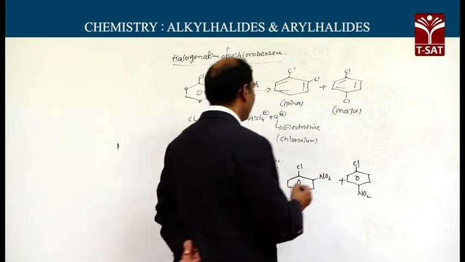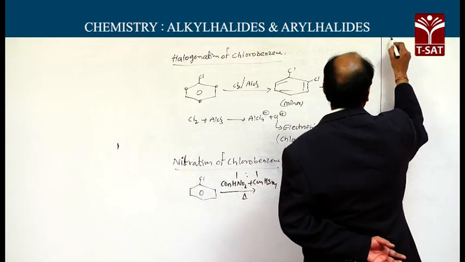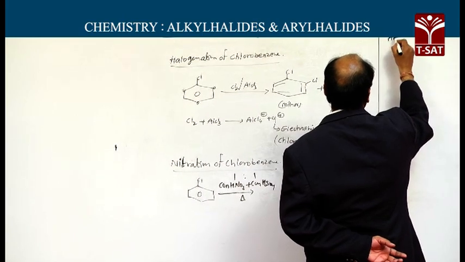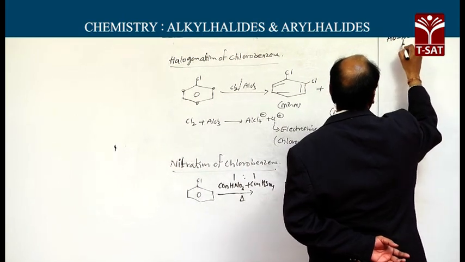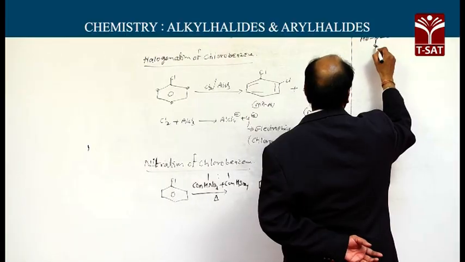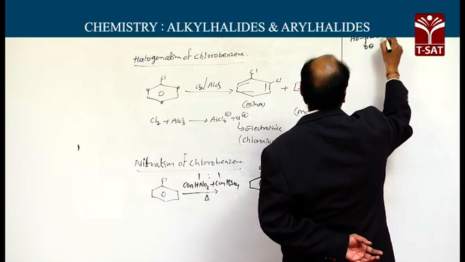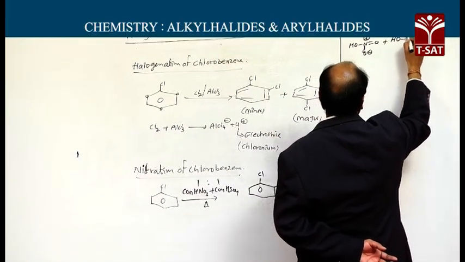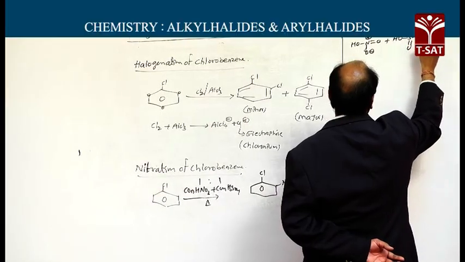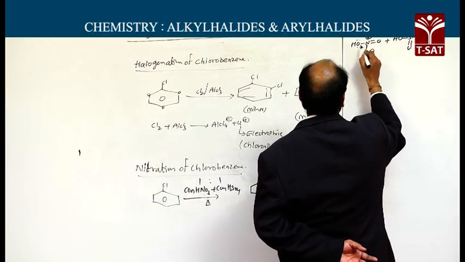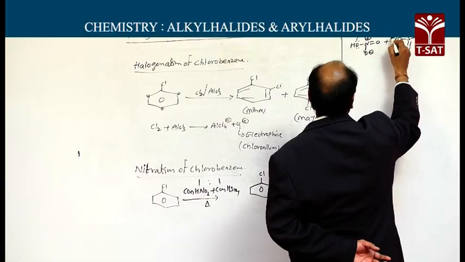In the nitration mixture, HNO3 is HO, N double bond O, with O minus and N plus, and H2SO4 is HO, S double bond O, OH. Here oxygen has a lone pair, so protonation takes place.